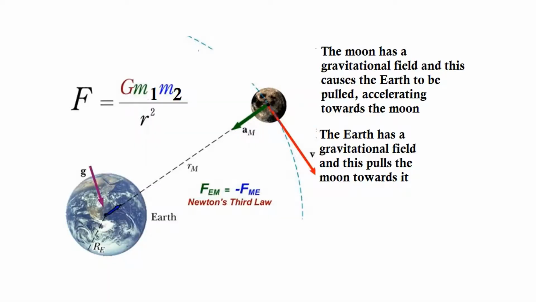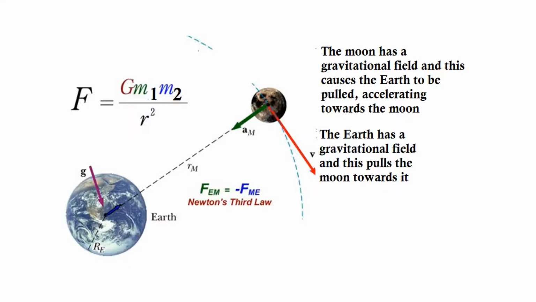This is from the second bullet point for the objectives. So the moon has a gravitational field, and this causes the Earth to be pulled, accelerating towards the moon. Remember, anything that has mass will create a gravitational field, and this pulls the moon towards it. So Newton's law of gravitation is F is equal to, this is just the magnitude, GM1 times M2 divided by r squared.